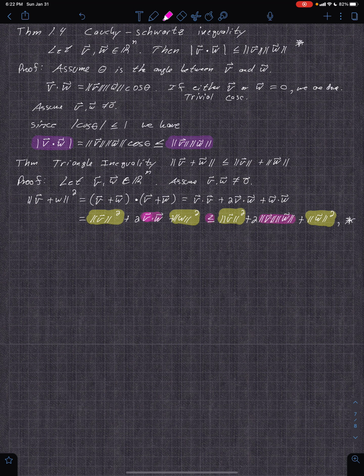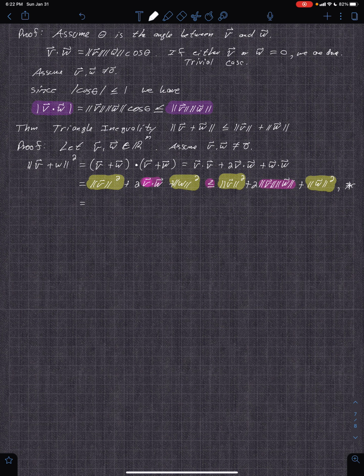That gives you that inequality. And the 2 just carries along. So then the right-hand side ends up being a perfect square trinomial.